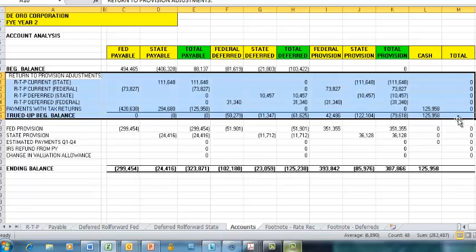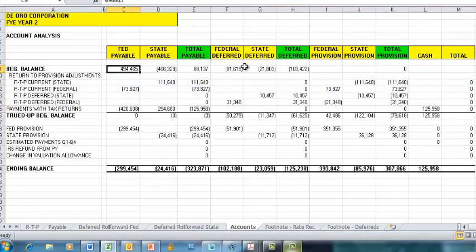Okay, this is a key concept to trying to keep your mind organized around how to do this. So take payable, for example. I said I was overpaid on the federal return by $494. I got a refund of $420. And after that refund, I didn't owe the IRS anything, and they didn't owe me anything.